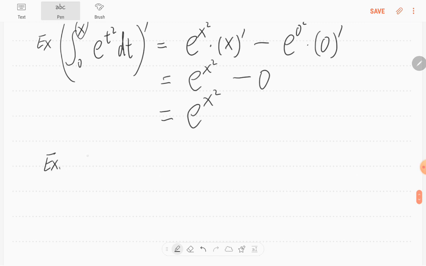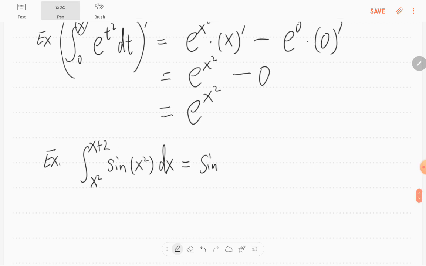Let's look at a more complicated example. Here is x squared, here is x, here is x plus 2, so here is sine of t squared dt. Sorry, here again, I made some mistakes. Here should be t squared dt. Don't make this kind of silly mistake, okay? So we use the formula. We plug in x plus 2 first: sine of x plus 2 squared, right? This is the inside sine, times the derivative of x plus 2.